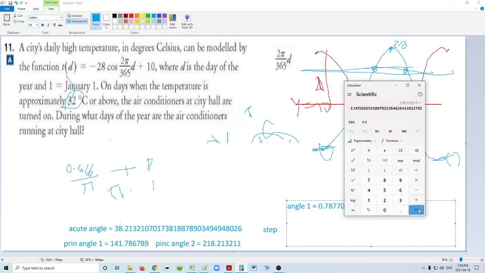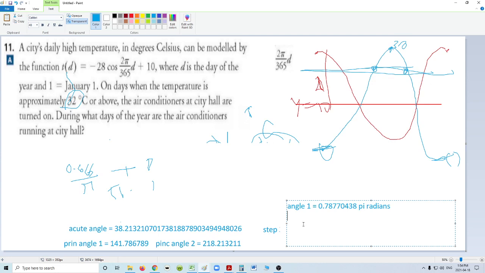Divide by pi. Sorry, not divide by pi. Divide by 180. And I get 1.21223. So I'm going to copy that, select all. And angle 2. If I make a typo, just ignore it. And that is also not correct. See, it's not copying over the thing.